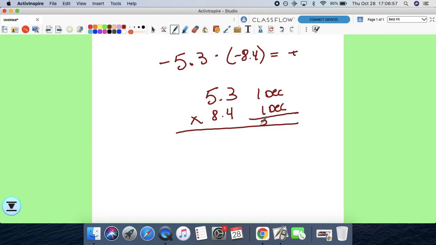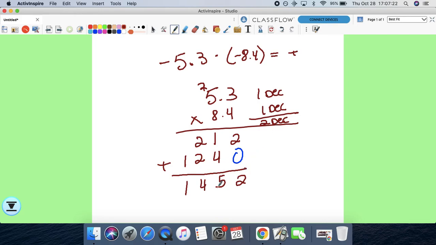It's going to have 2 decimal places, right? 4 times 3 is 12. 4 times 5 is 20 plus 1, 21. Now remember to put a 0. 8 times 3 is 24. Carry 2. 8 times 5 is 40 plus 2, 42. So add. 2, 5, 4, 1. How many decimal places? 2.